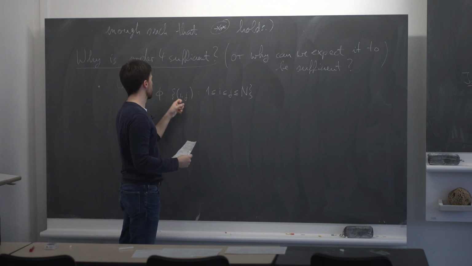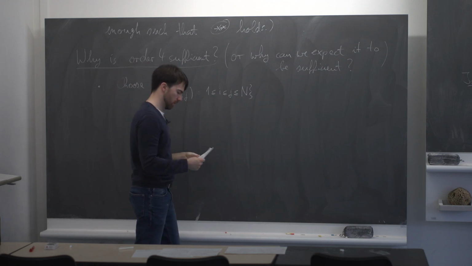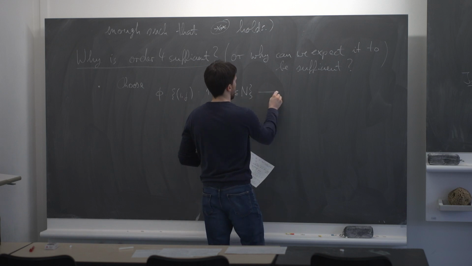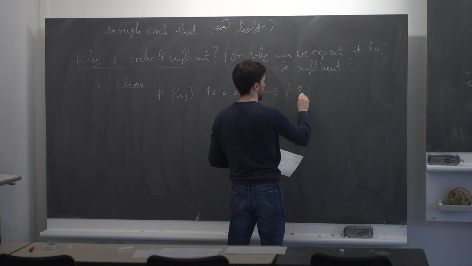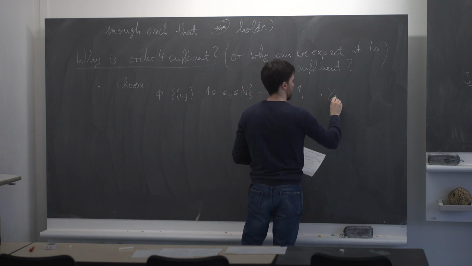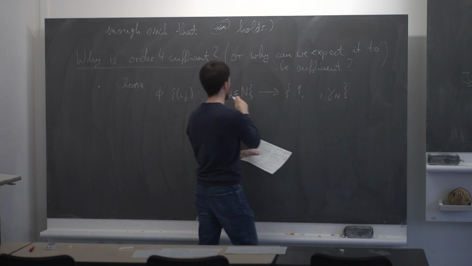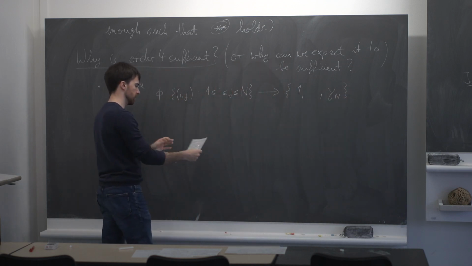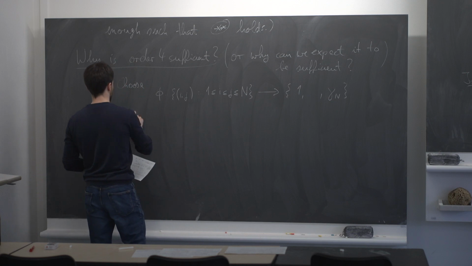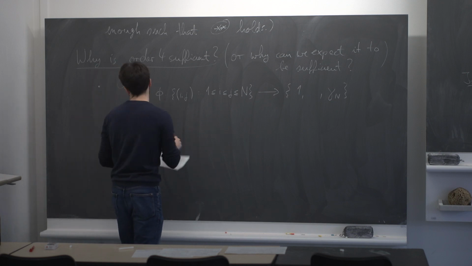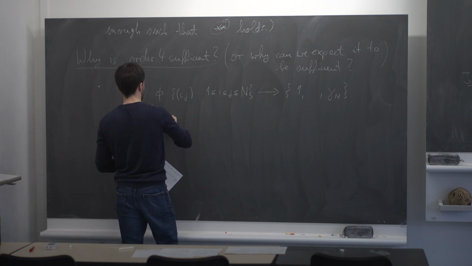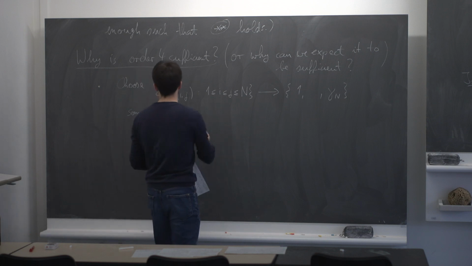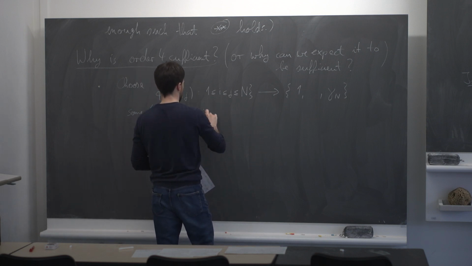So I take i and j where i is smaller than j, and I want a bijection to 1 up to gamma n, where gamma n is the number of such pairs. We can take just any arbitrary bijection.